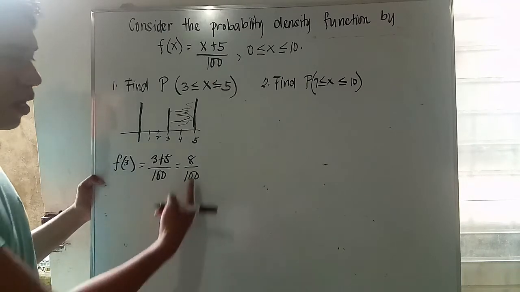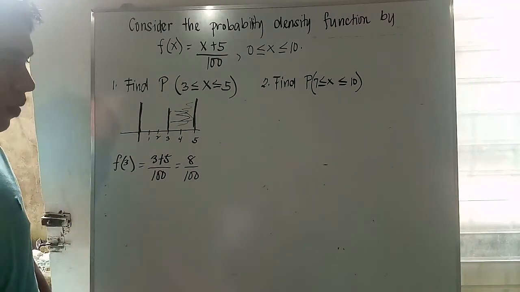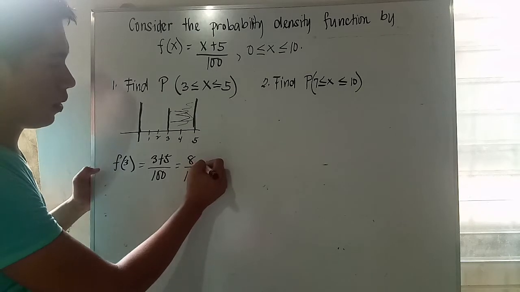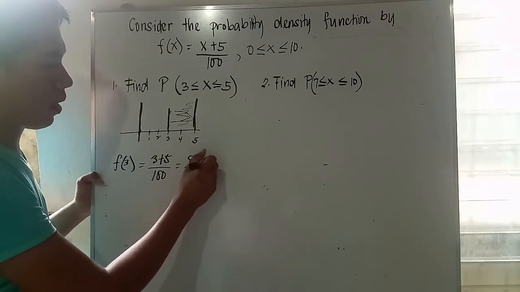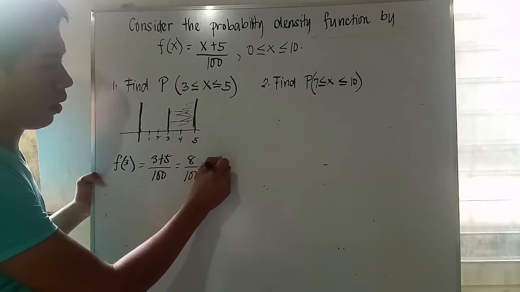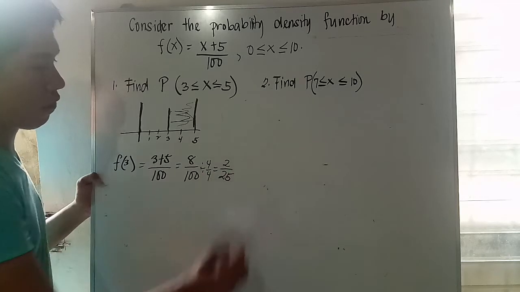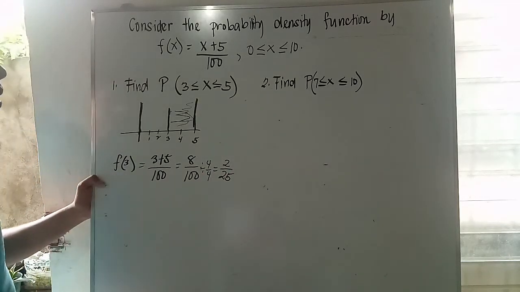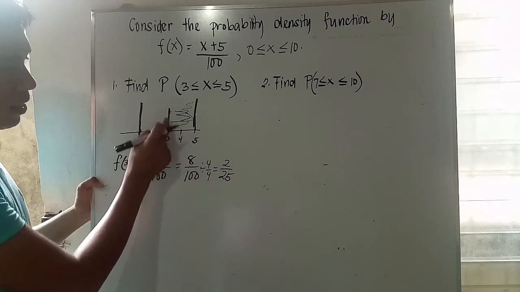You can reduce 8 over 100. This is divisible by 4. So that is equal to 8 divided by 4 over 100 divided by 4, which is 2 over 25. This is the height of this line.